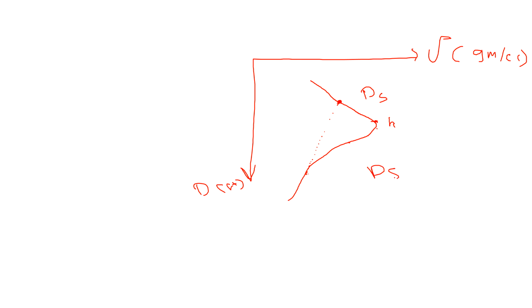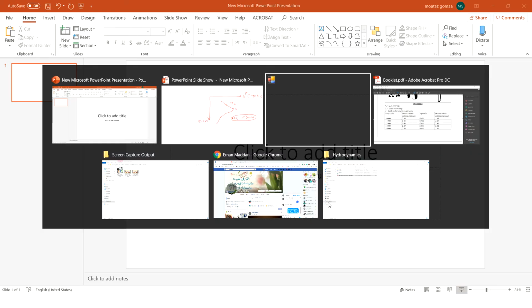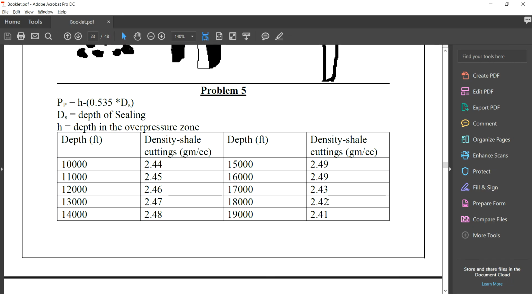So ds in this example will equal 13,000 feet. Now we can take this part to calculate pore pressure by using H minus 0.535 times ds, where ds is 13,000. Thank you.